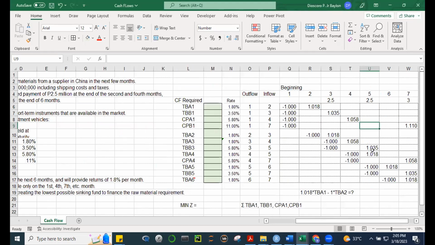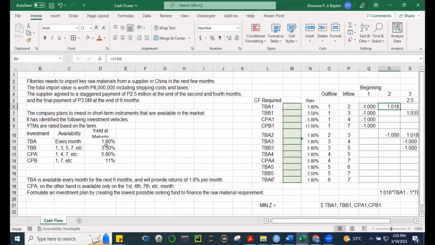All right. Okay, so for TBA1, it will be invested on the first month and will mature on the second month. When it matures, the factor will be positive, and it will be net. It will include the rate of 1.8% for TBA1.